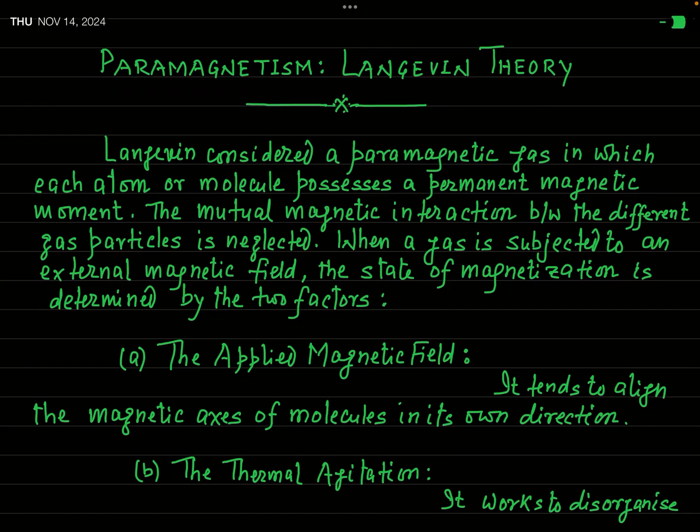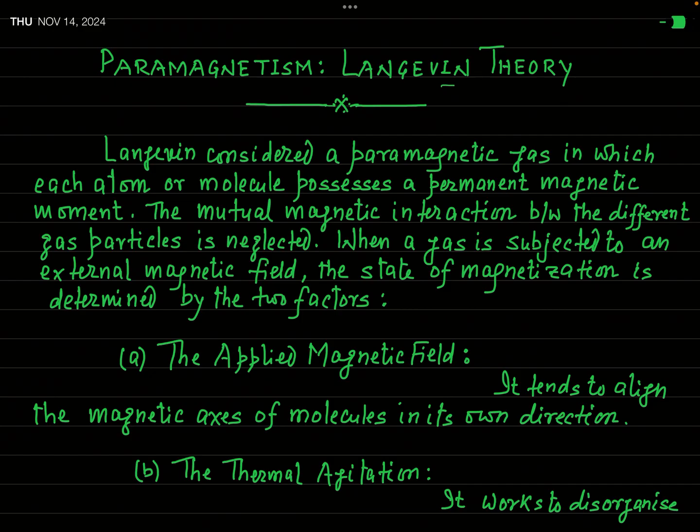In this case, we will first see the classical theory of paramagnetism, and after that we will learn about the quantum mechanical theory of paramagnetism. The first classical theory for paramagnetism was provided by Langevin, so this is also called Langevin theory.